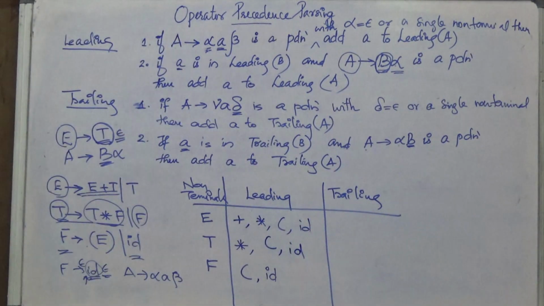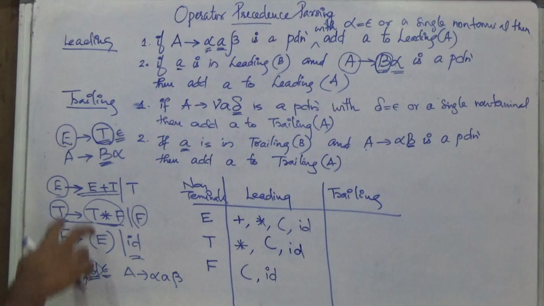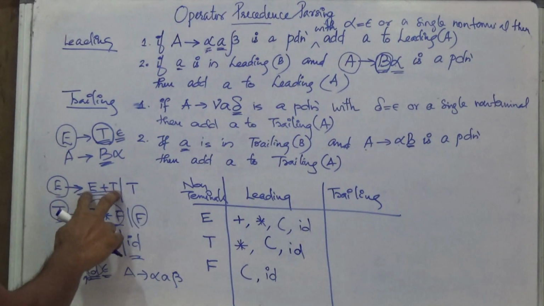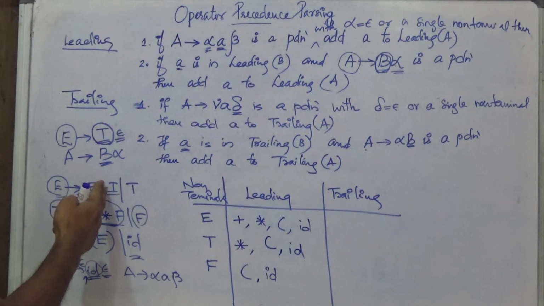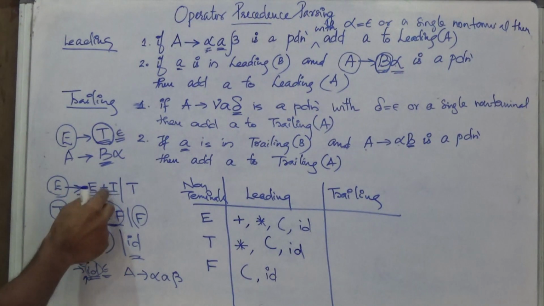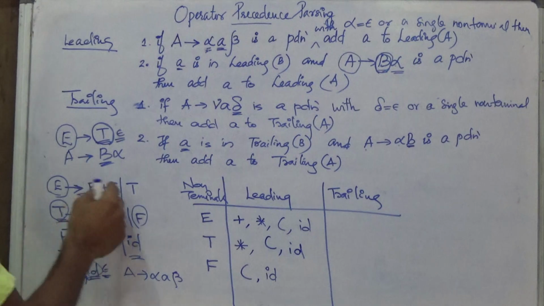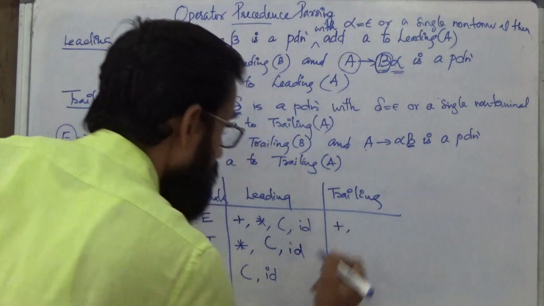Similarly, you can compute trailing. So what about trailing of E? You can consider the right hand side. The last terminal symbol in the right hand side is plus here. So plus will be added.